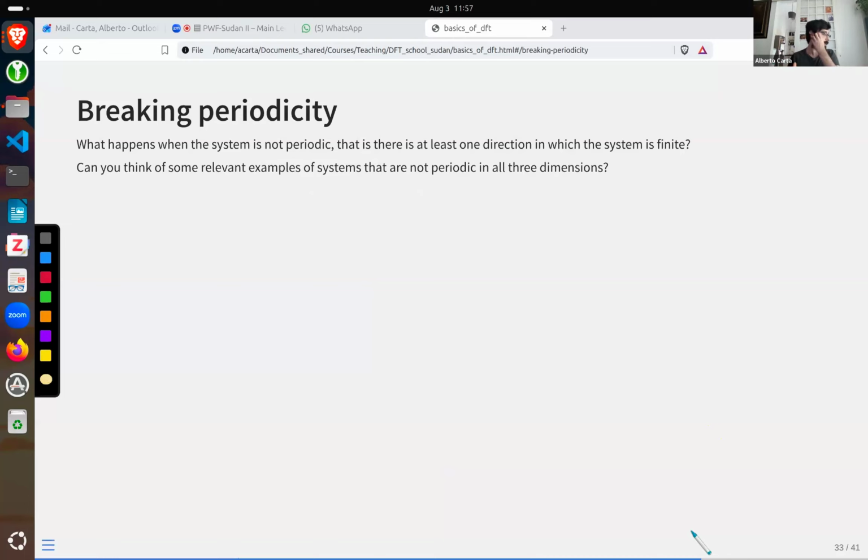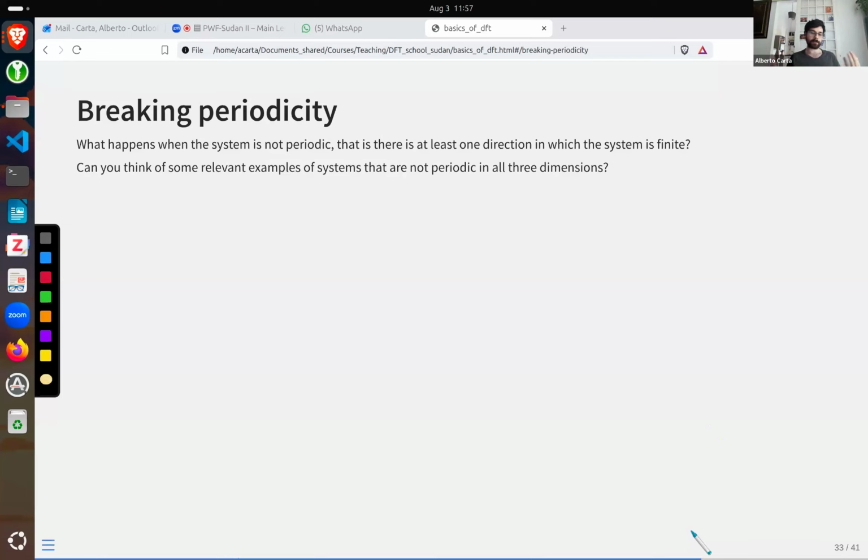I can ask the participants, we have already mentioned some examples of these systems, but let's think about it in a more explicit manner. What examples of electronic systems might you think of that are not periodic in all 3 dimensions?